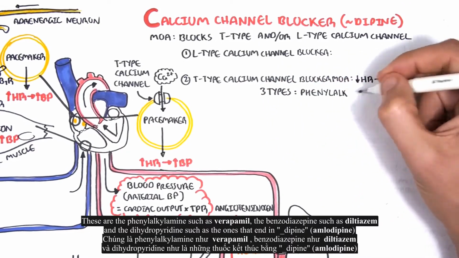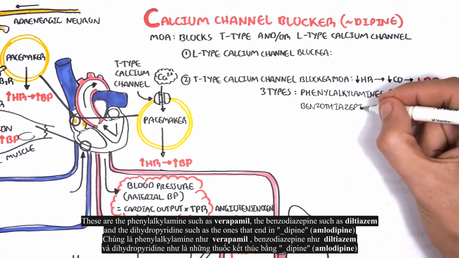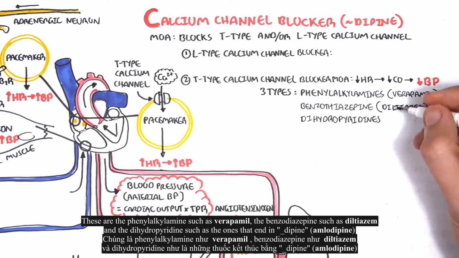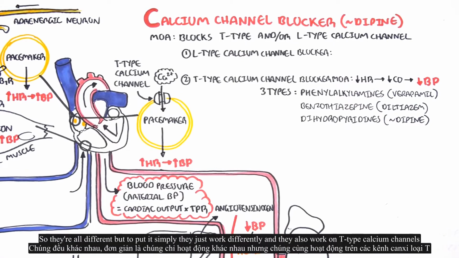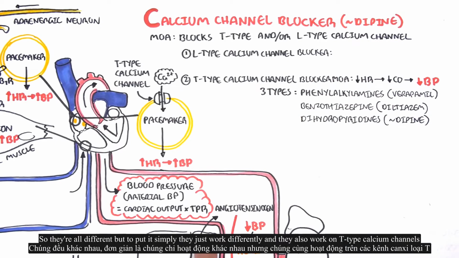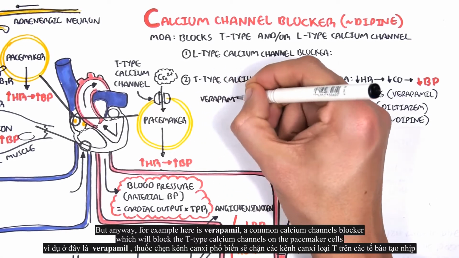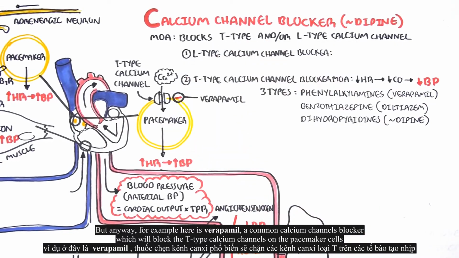These are the phenylalkylamines, such as verapamil, the benzothiazepines, such as diltiazem, and the dihydropyridines, such as the ones that end in dapine. They are all different, but to put it simply, they just work differently, and they also work on L-type calcium channels. So for example, here is verapamil, a common calcium channel blocker, which will block the T-type calcium channels of the pacemaker cells.